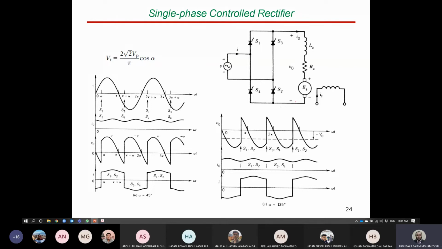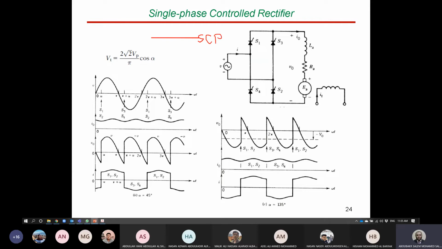How does it work? Simply, as you know, if the supply is positive, which means the current is positive and V is positive here, and we turn on switch S1 and switch S2, I said switch, it's an electronic switch. However, this is called a Thyristor, SCR, silicon controlled rectifier.